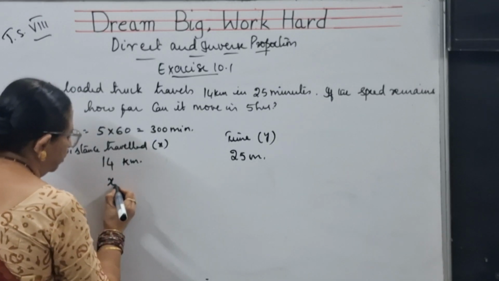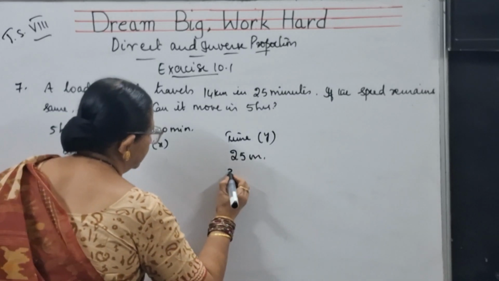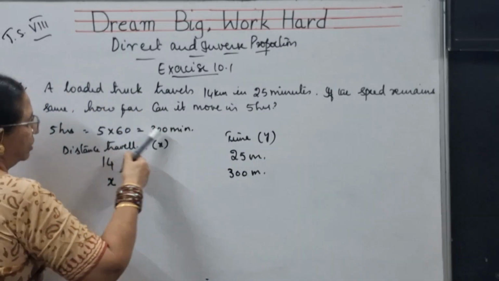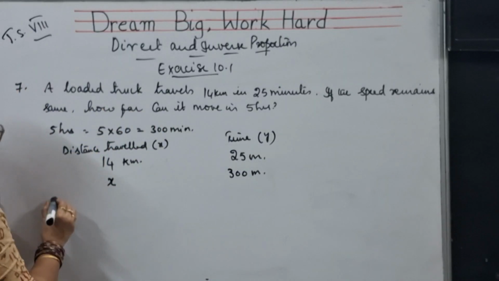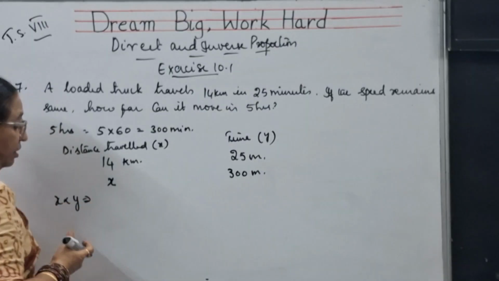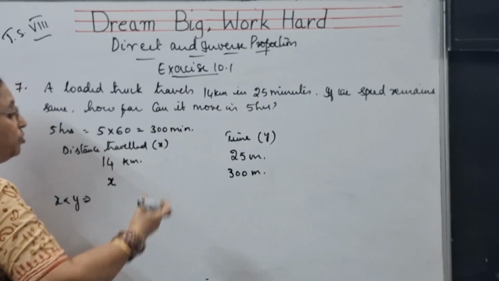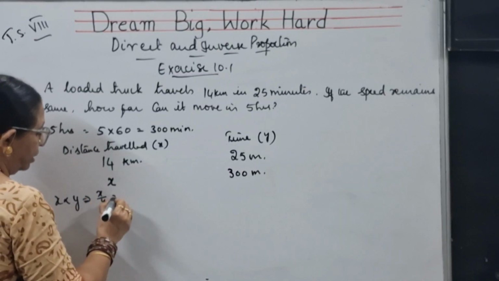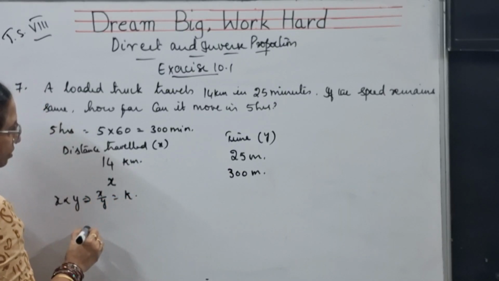So how many kilometers does it travel in 300 minutes? What did I do? I have converted hours into minutes. x is directly proportional to y. Why? Because if distance is more, time taken to travel also will increase. x is directly proportional to y. x by y is constant.